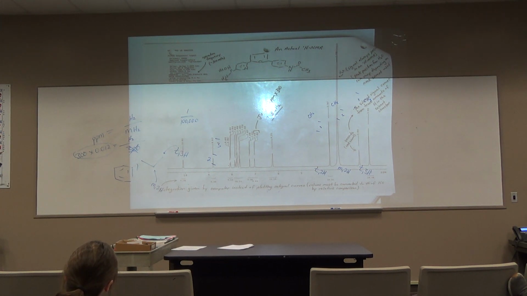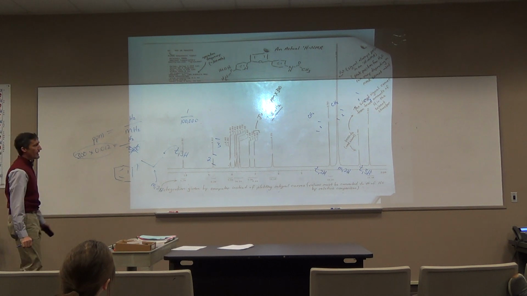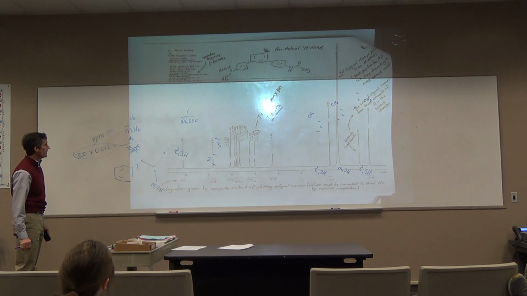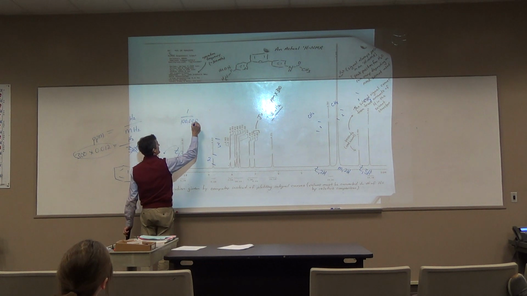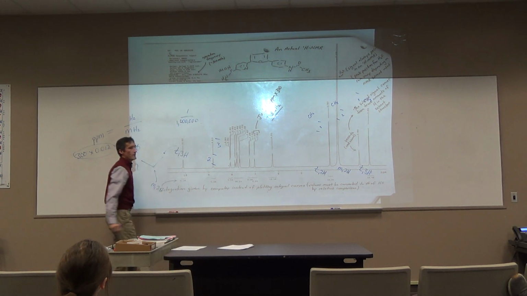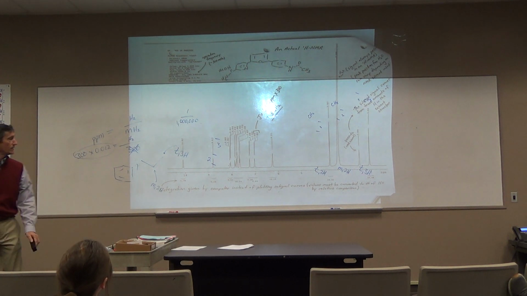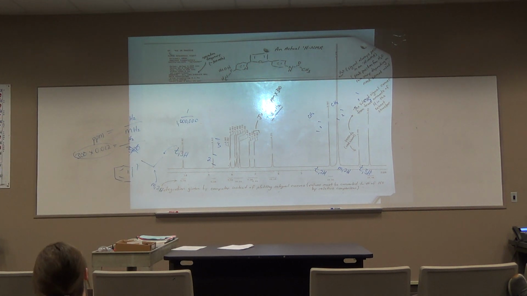I told you to just multiply by 300. Yeah, 1 over a million is a ppm.